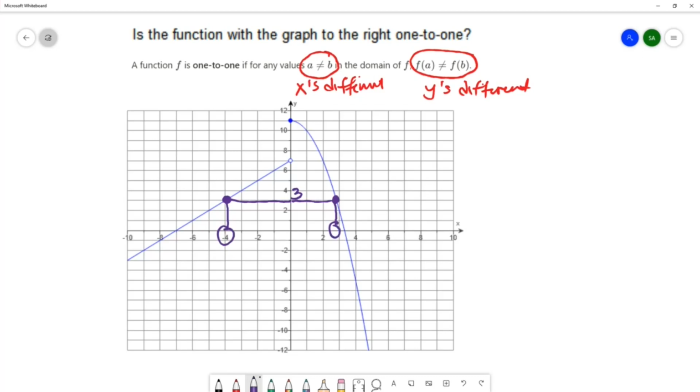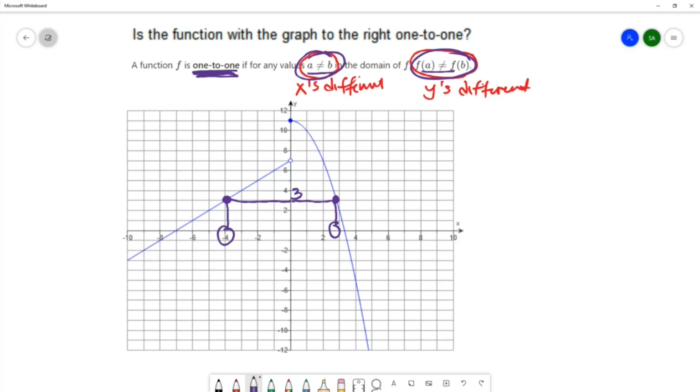So here it says if the x's are different, then we have the y's different. Here we have the y's being the same and the x's are different. So if the x's are different, we should have all the y's being different, and that is one-to-one. So in this example, we don't have a one-to-one function because it's not following the definition of the x's being different than the y's being different. Here we have x's that are different and the y's being the same.